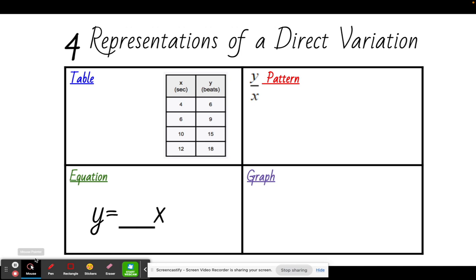Let's look at my next example. This one might not look quite as obvious to you, but let's look at our y over x values.